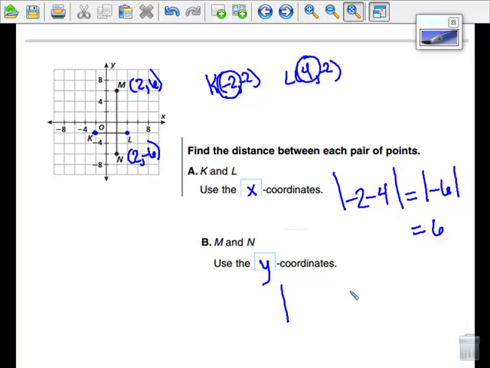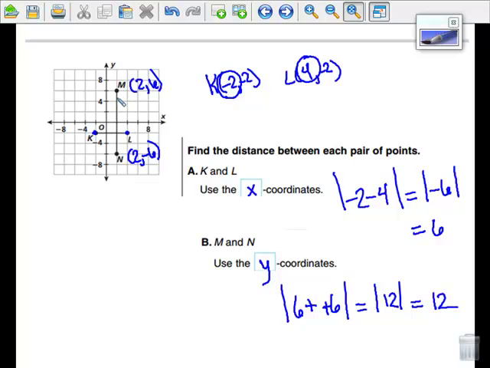So again, I'm going to take my absolute value and I'm going to subtract the y values. So I have 6 subtract a negative 6. Well, don't forget, when you have a double negative, you add the opposite. So 6 plus 6 is 12, and the absolute value of 12 is 12. So the distance between M and N is 12.